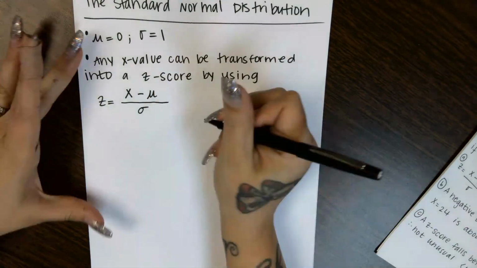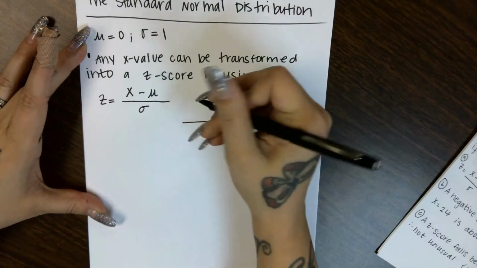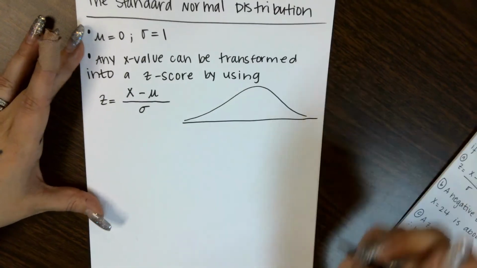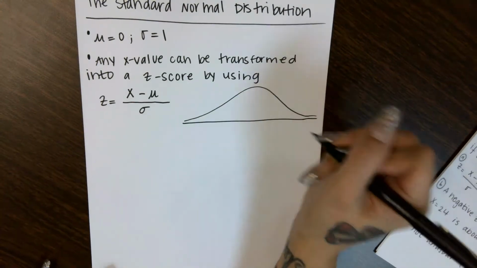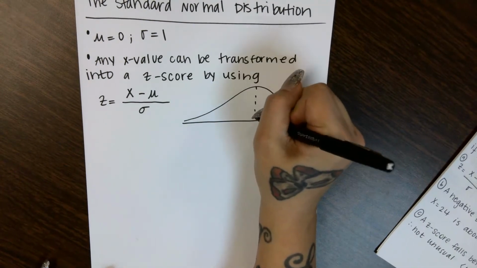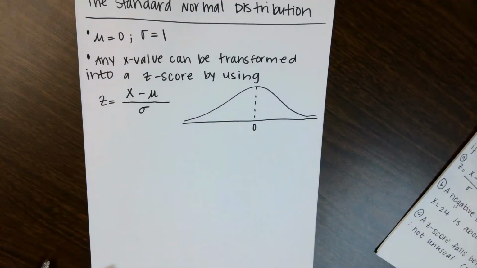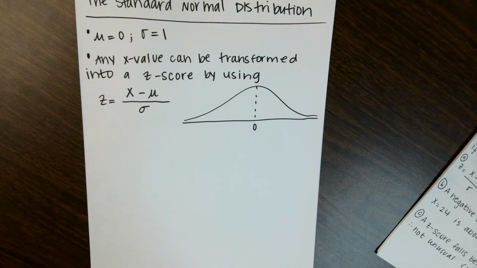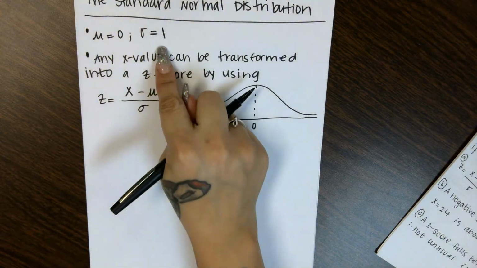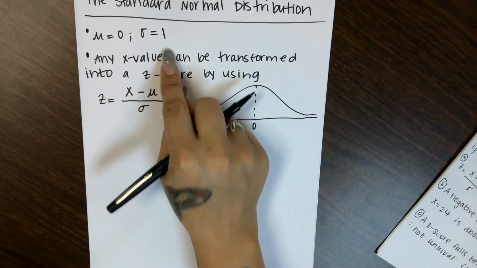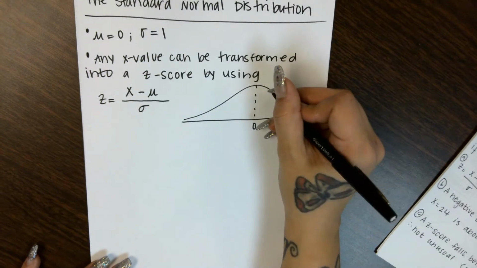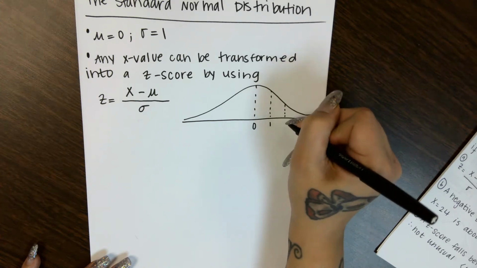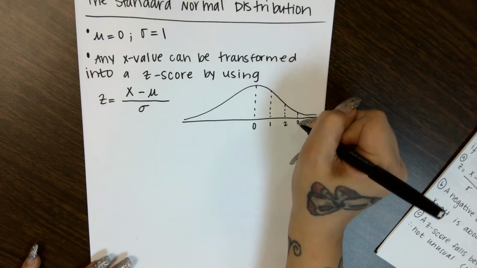Now let's draw this standard normal distribution, very poorly drawn, but whatever. What is my mean? 0. Now when I go over one standard deviation and my standard deviation is 1, what I end up getting is just 1. If I go over 2 standard deviations, I have 2, and over 3, I have 3.